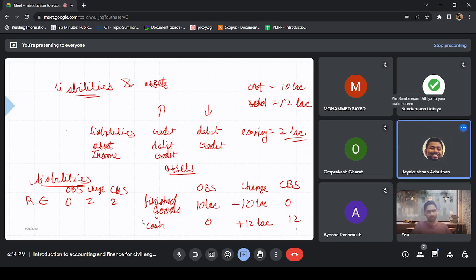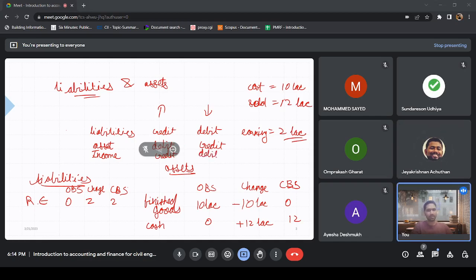Similarly, if there is some expense, now this kind of seems like what is happening. How can an increase in expense be an asset? I mean, anybody who would like to answer? If our expense is increasing, how can it be an asset?